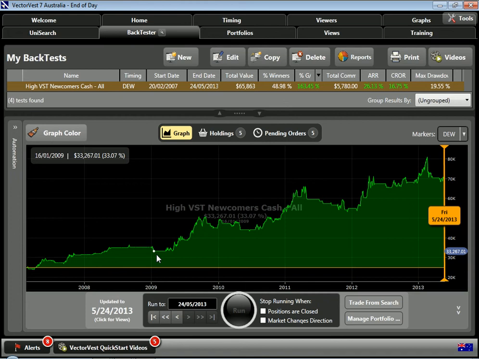Move forward to the same date in 2009. Now it's up to 33%, which is a 5.6% return for the year. Jump forward to 2010. We're now up to an 89% return, which is a 56% lift over the previous year, and a very similar story in 2011, when the portfolio had another 55% total gain.